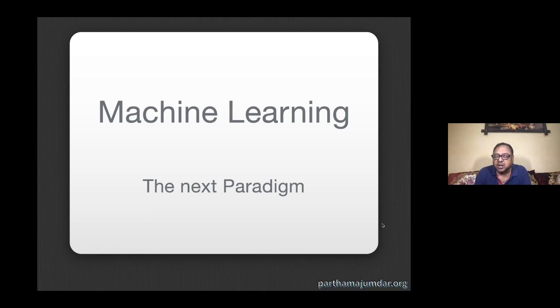Machine learning is a totally different way. Here I take my data and my output, and I tell the computer, this is my data, this is my output. Now you tell me what rule I have to apply, so that when I give new data, I will get the output.